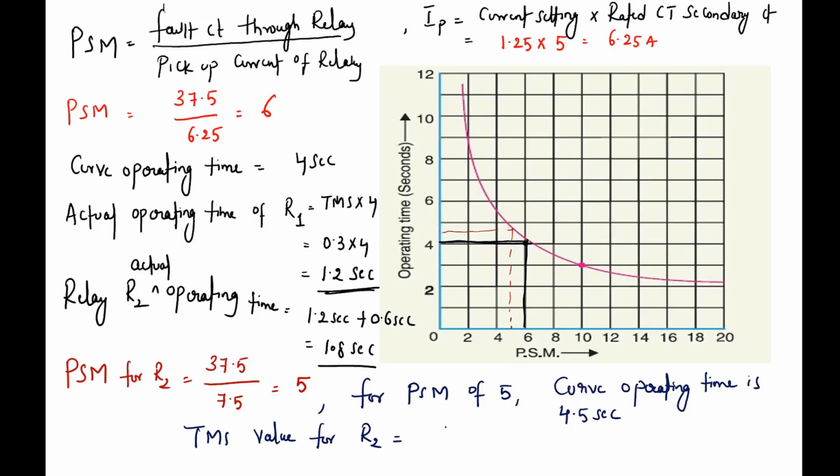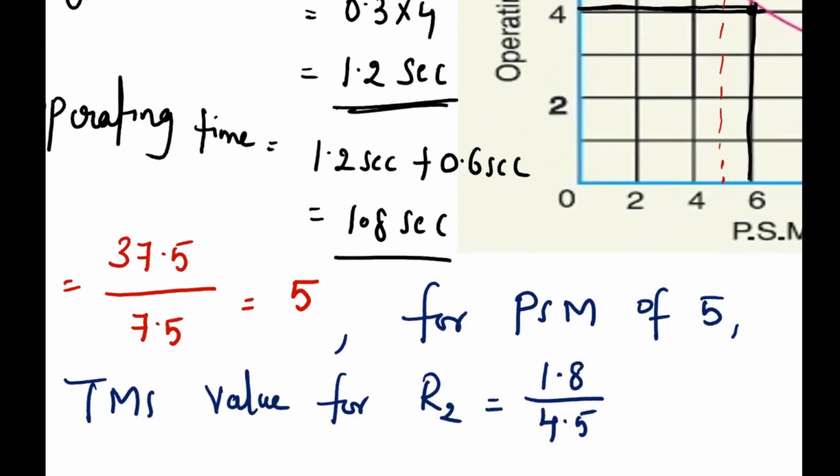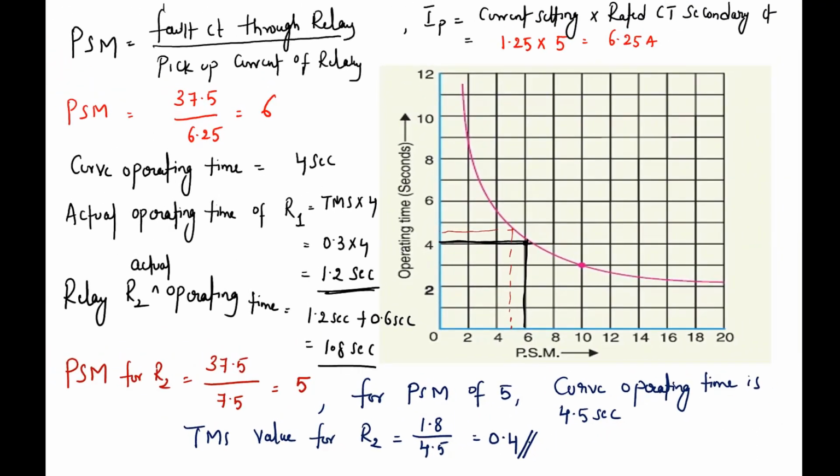The TMS value is the actual operating time divided by the operating time from the characteristic curve. So this ratio will become 0.4. Okay. So if you keep the TMS setting of 0.4 for relay R2, you are going to get the 0.6 second discrimination between relay R1 and relay R2.